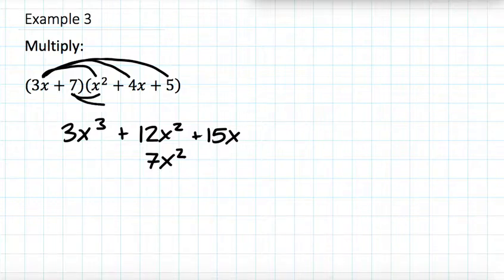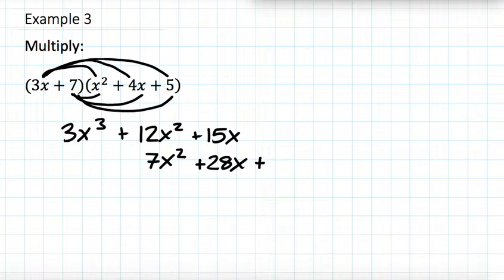And then I'm going to have 7 times 4x, that's going to be plus 28x, and 7 times 5 is plus 35. There's no just number terms in the first top row, so I just write the 35 by itself because it doesn't have anything to combine with from that row.